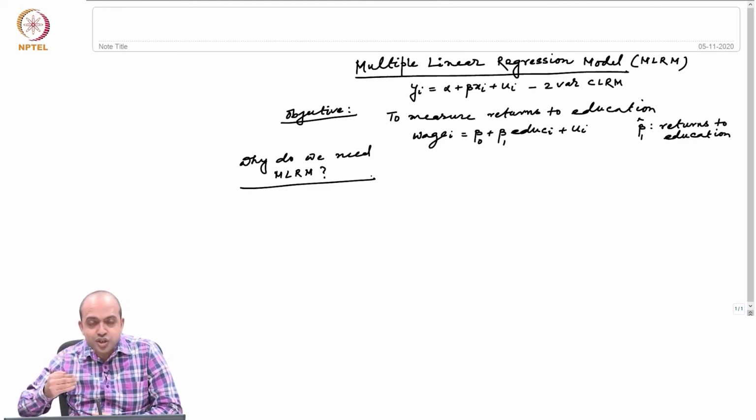So, when individuals are different in so many other aspects, assuming individuals are different only in terms of education is quite a restrictive assumption. That means, even if our objective is to estimate the impact of education on wage, we need to include other factors as well in the model so as to control the impact of other factors. Otherwise, your model would be misspecified.